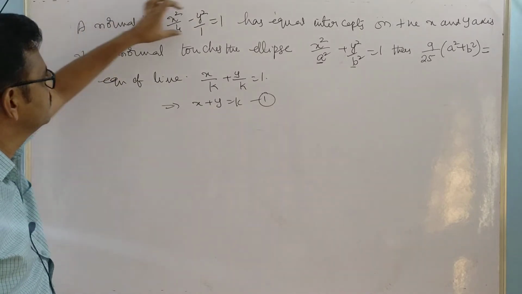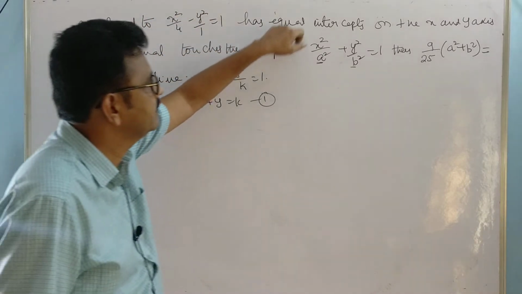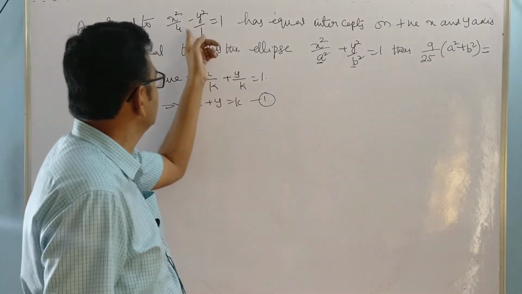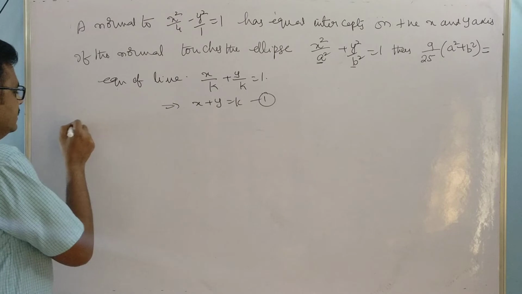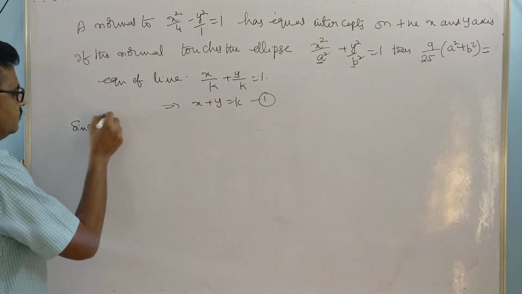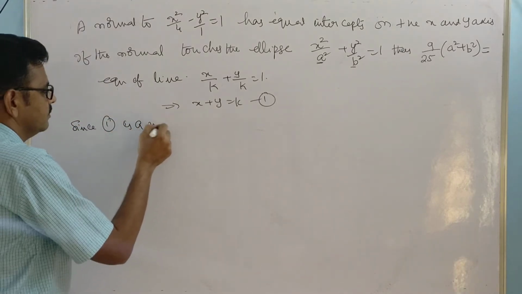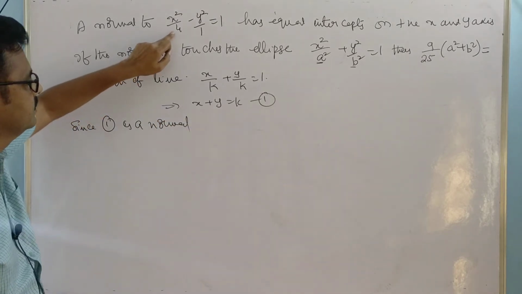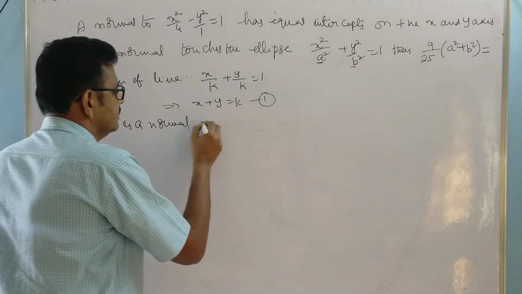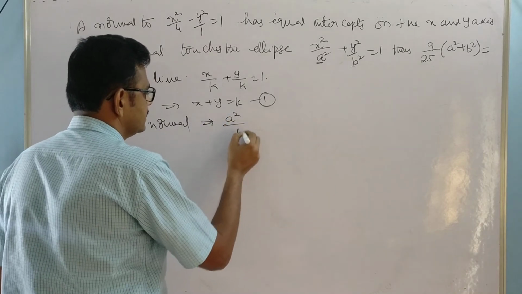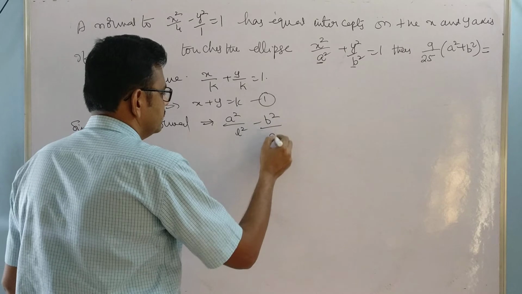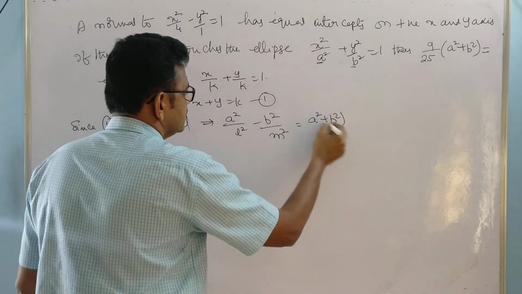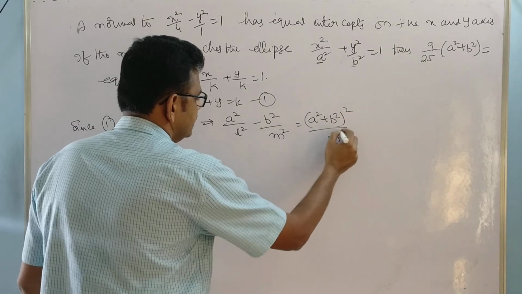Since it is a normal to the hyperbola, the condition is: a square by l square minus b square by m square equal to a square plus b square whole square by n square.